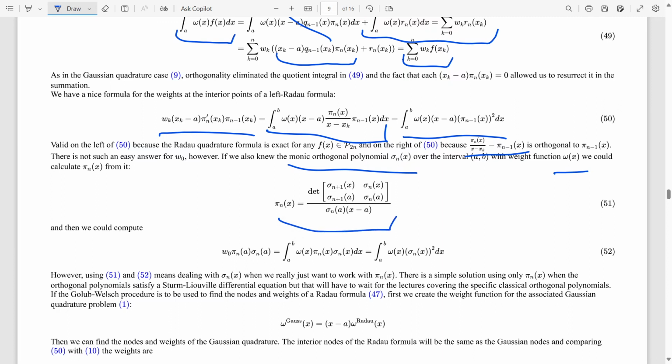And then compute this expression, expressing W naught in terms of the normalization. But this isn't very satisfactory. There is a simple solution in terms of only pi n of x for the classical polynomials, which we hope to cover in the future.